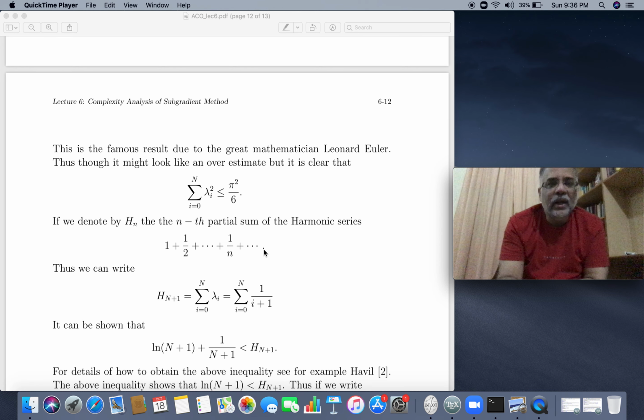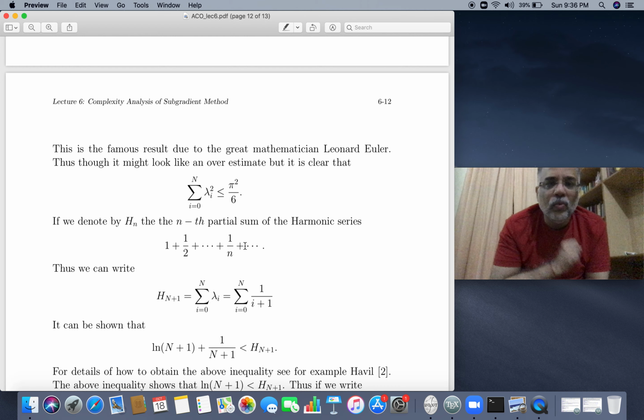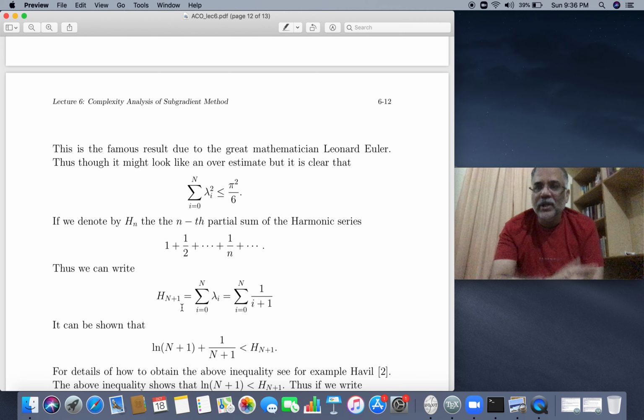So basically Hn means you just sum up to 1 by n. So in our case we are having H(n+1) because we have n plus 1 terms, I equal to 0 to n, lambda I equal to 1 by 1 plus I.